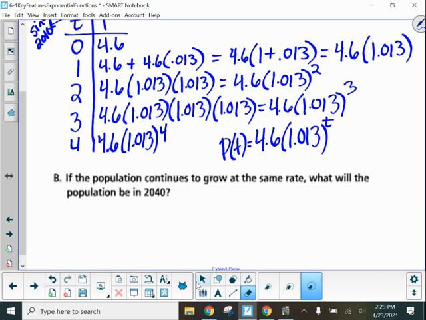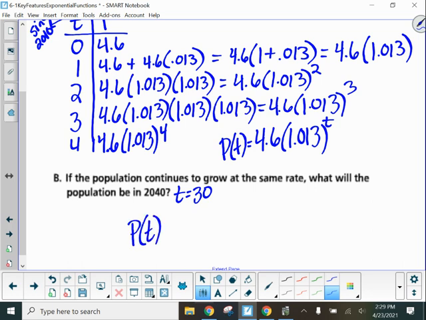Part B says, if your population continues to grow at the same rate, what's going to be the population in 2040? Well, 2040 is 30 years since 2010. So what we're really finding is P of 30.